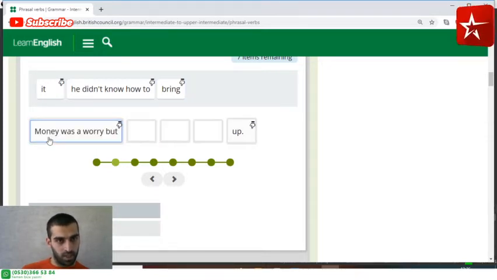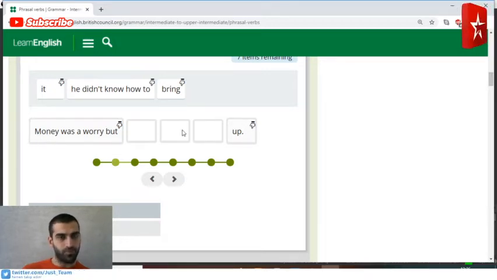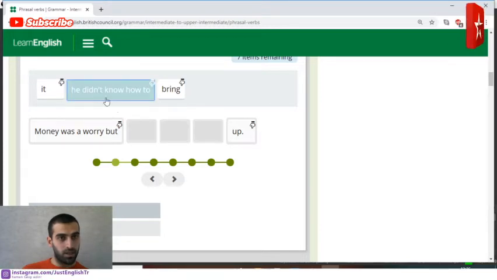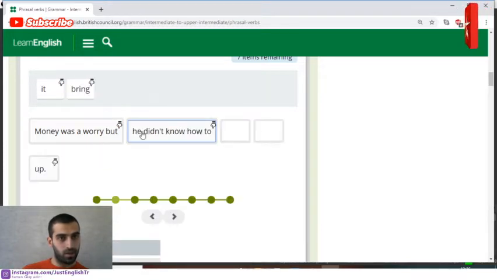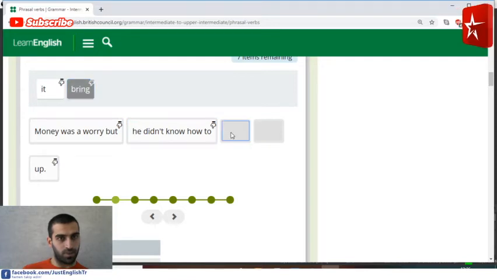It must be here, because the sentence starts with a capital letter and finishes at the dot. That's the simple way that I'm teaching you how we can make a correct sentence. Yes, money was a worry, but I didn't know how to bring it up.